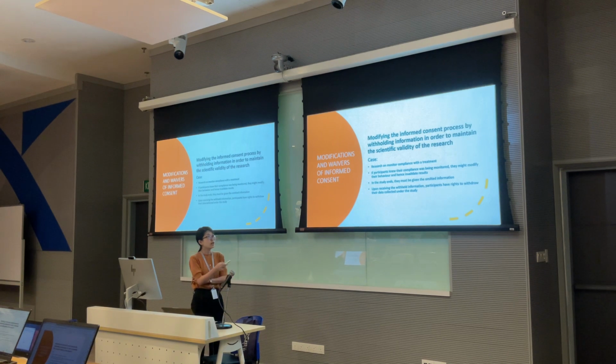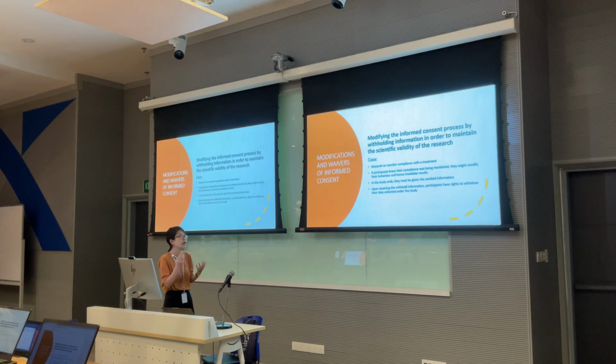So we are giving some examples. For example, if your research requires some monitoring, you need to monitor your participants' compliance with a treatment, whether they are actually okay with the treatment or they stick to the rules. So you actually can hide some information, not telling them all of it.